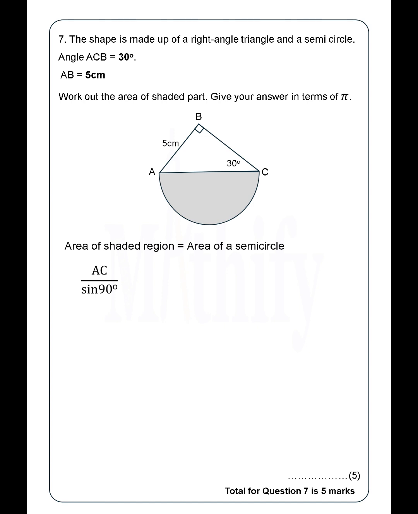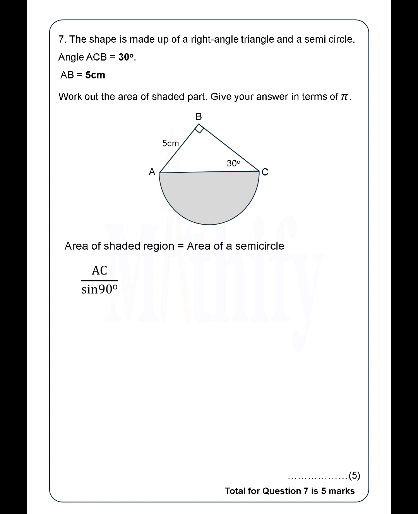Since this is a right angle triangle, there are two reasonable methods. Number one, you could use the sine rule, or number two, you can also use SOHCAHTOA. Whichever method you use, as long as you get the same answer, that's what matters the most.